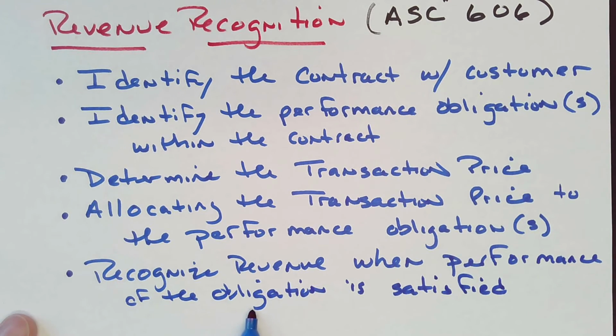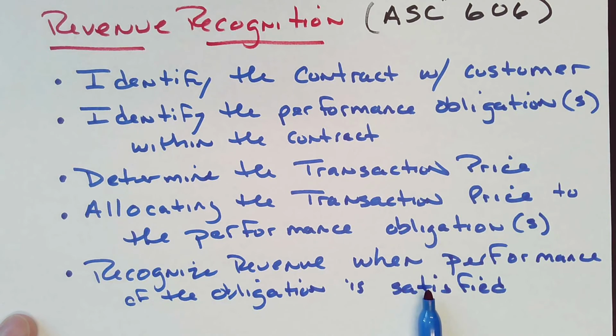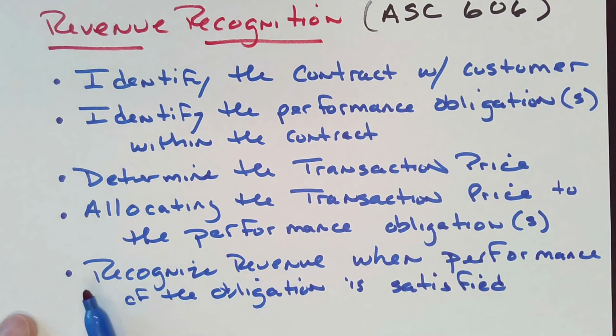Now, I only put this singular because if I have multiple performance obligations, I will only recognize revenue when that obligation is satisfied. I may not have satisfied the other 2 or 3 obligations. When I finally finish those, then I can recognize revenue. But I can only recognize revenue when the obligation is satisfied. That's it.